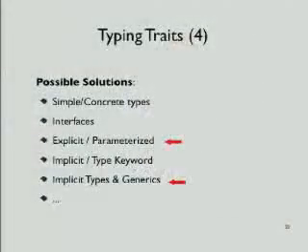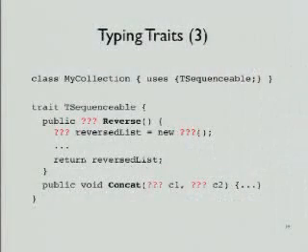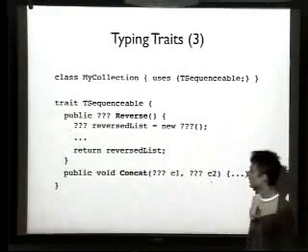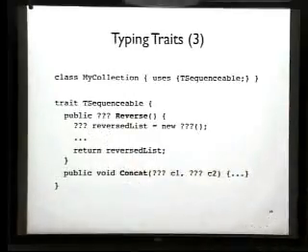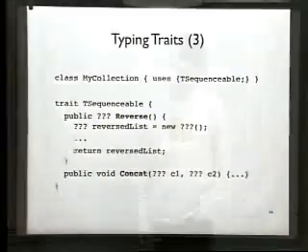Okay. So there are many possibilities and solutions worked out for that problem. A straightforward solution is just to use simple or concrete types or just interfaces. However, this is pretty limited. When we use interfaces here, that's okay. Even here it's okay, and here. But yeah, that's a problem. We have to instantiate something concrete here, and that's not very nice, because we would like to share that code.